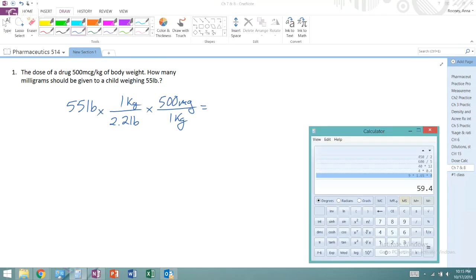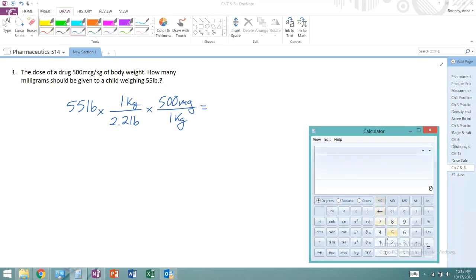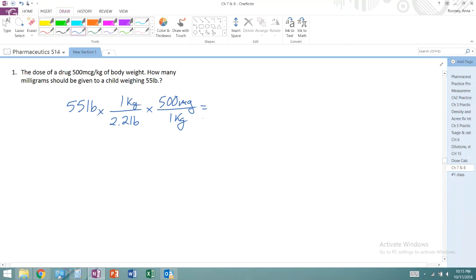So 55 divided by 2.2 times 500 equals 12,500 micrograms, which we then have to convert to milligrams, which is 12.5 milligrams.